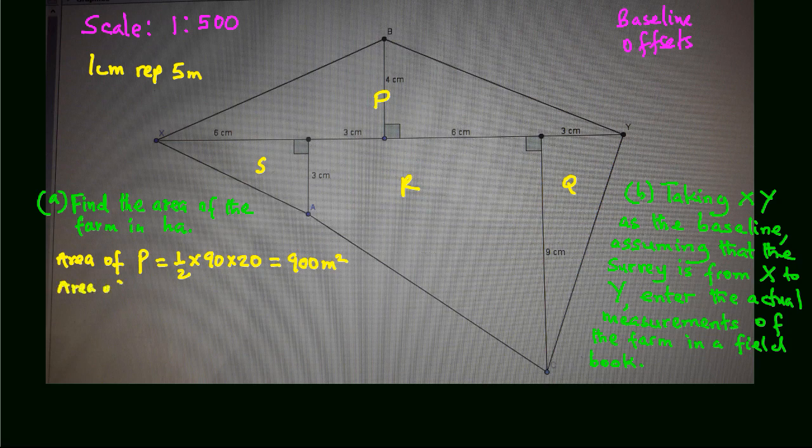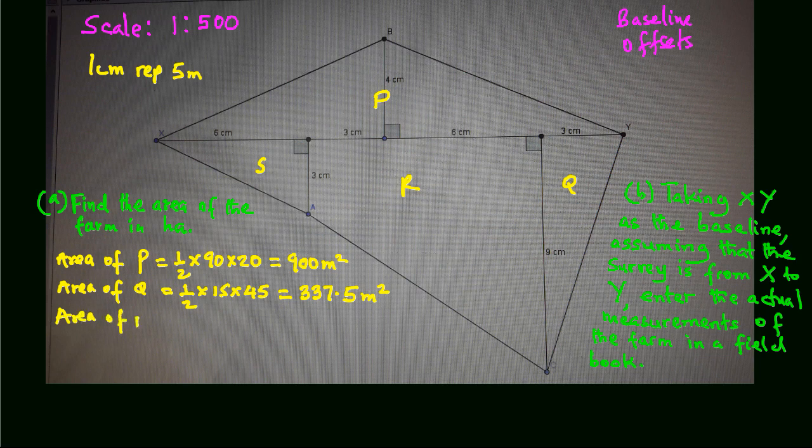Area of Q is a triangle, so that's half, times base 15 meters, times height 45 meters. So this gives us 337.5 square meters.